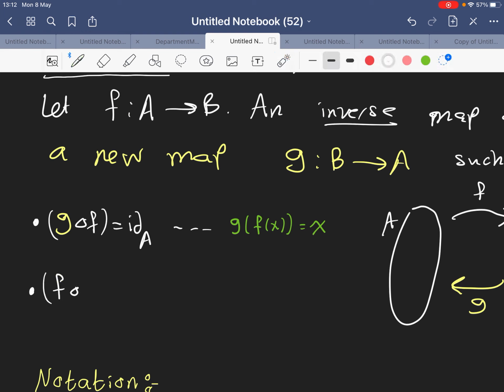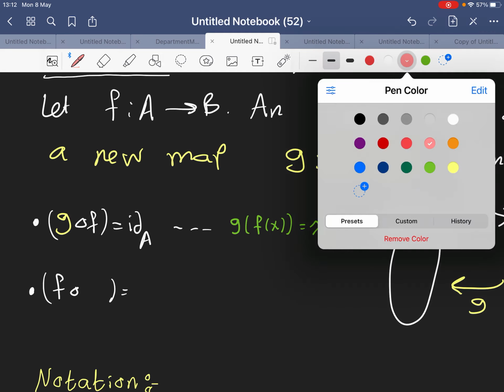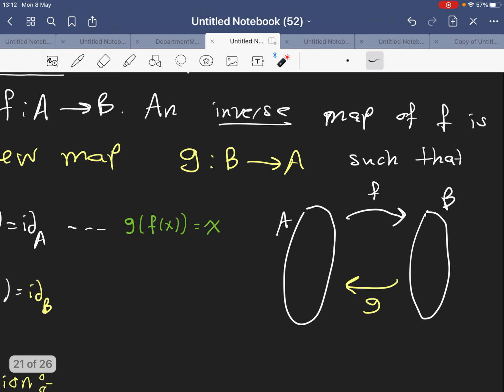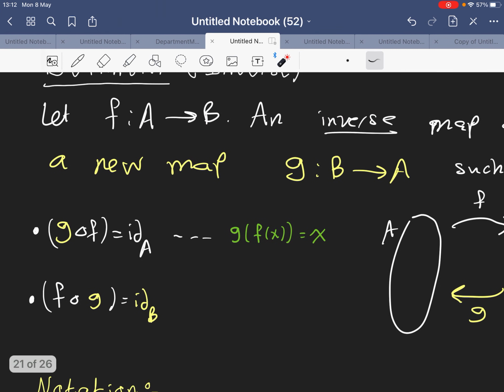Same thing if we do the opposite. If we start with y, if we start something here and we go with g, and then we come back with f, we end up exactly at y.